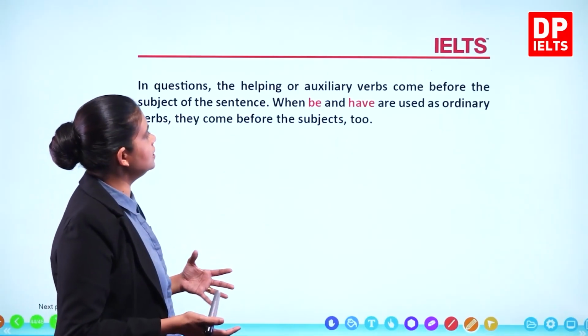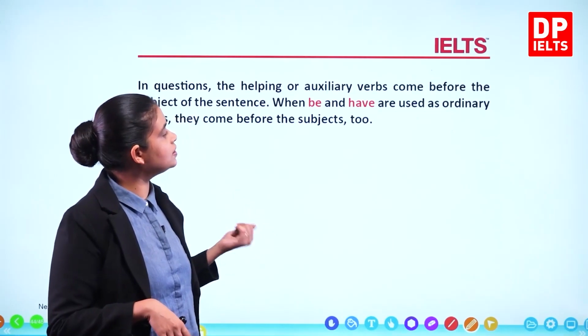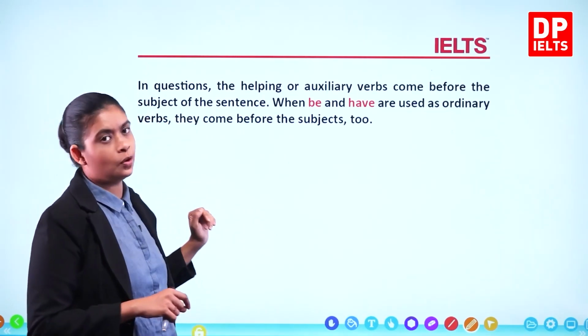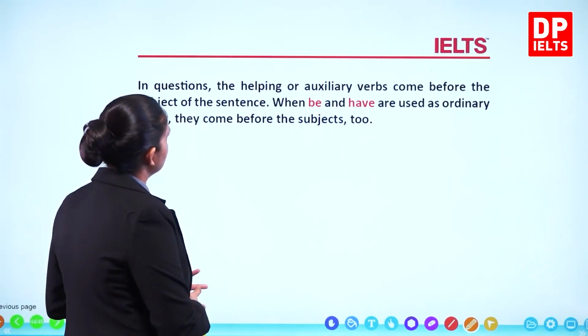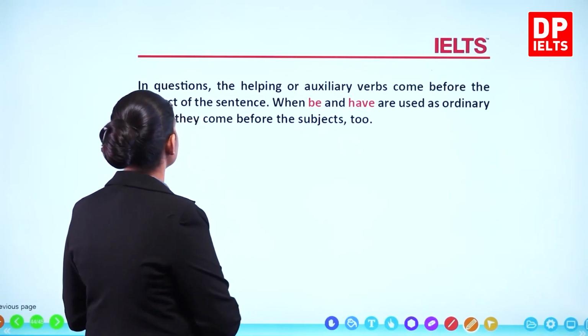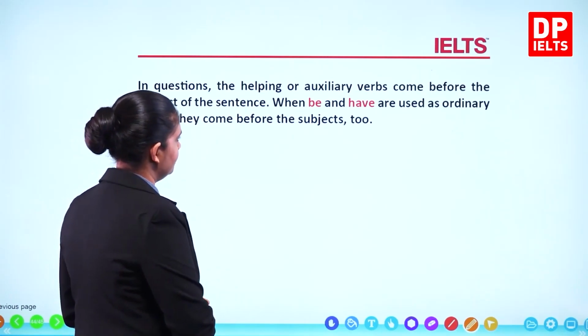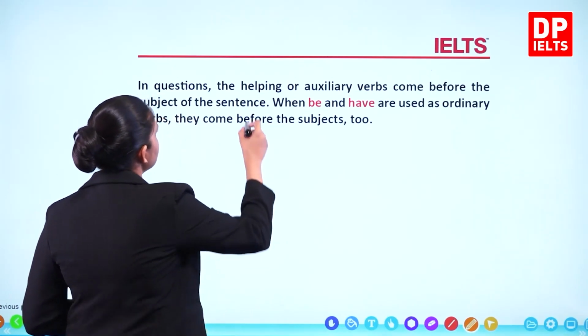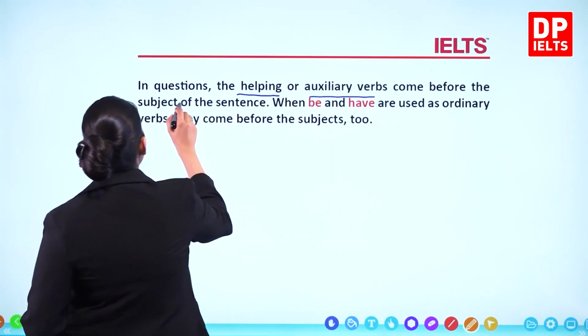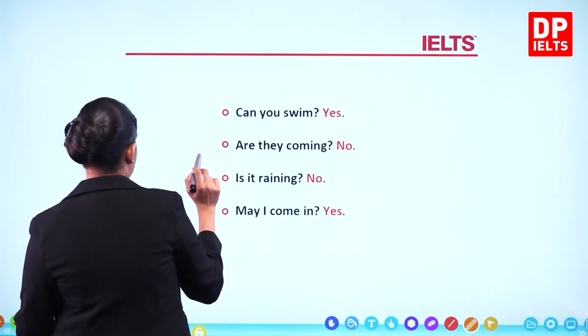In questions, the helping or auxiliary verbs come before the subject of the sentence, right? So usually what happens, the helping or the auxiliary verb comes before the subject of the sentence, okay?